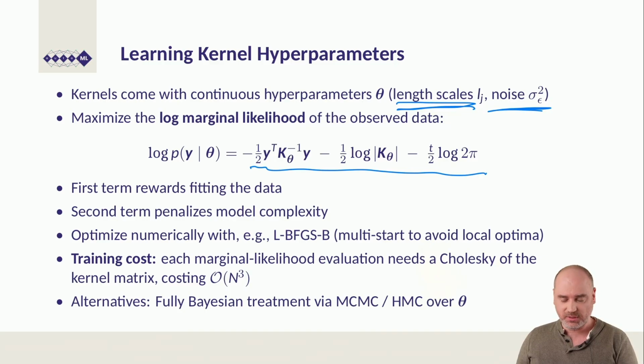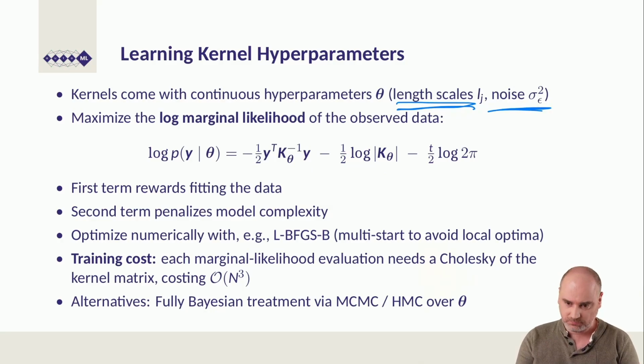And it's also, again, not very hard to do this with pen and paper. And this first term here is actually there, so it rewards fitting the data. So this becomes optimal, so to speak, or if you take the negative log likelihood, becomes small when our Gaussian process fits the data very well.